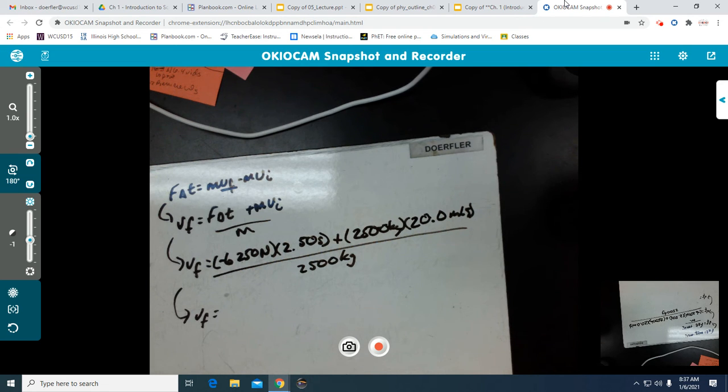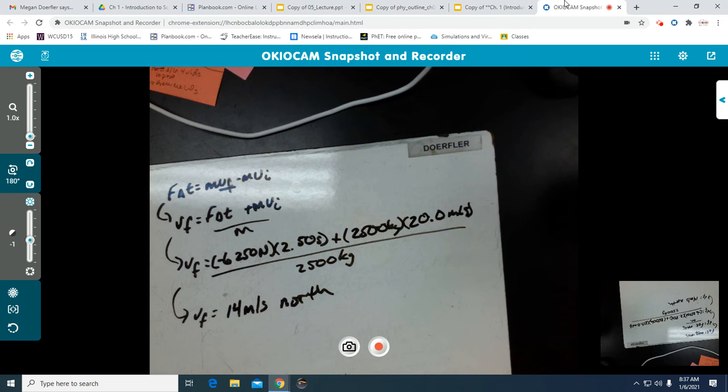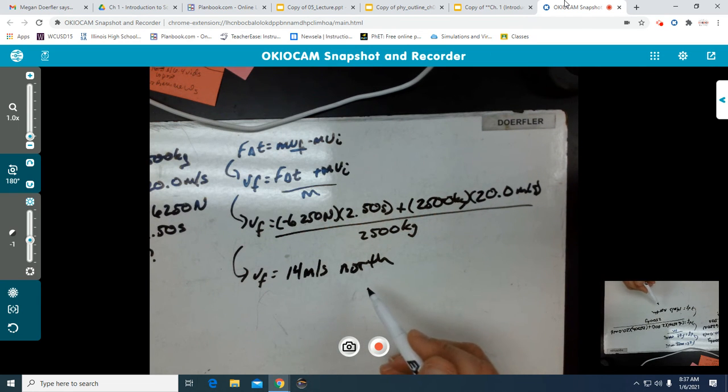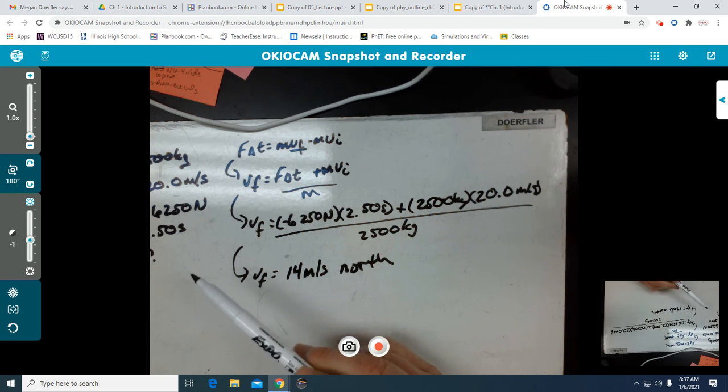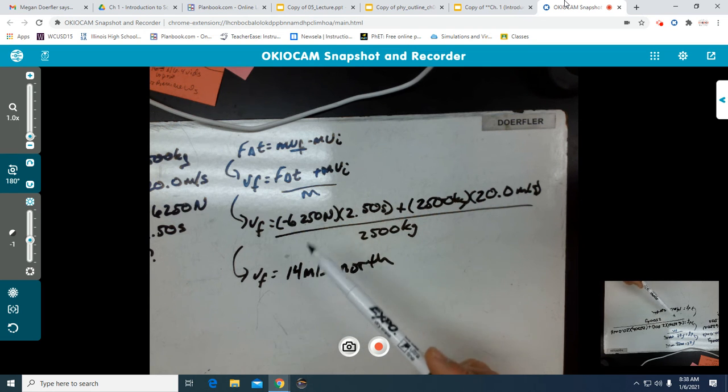You can pause it. After you've calculated this, you should get an answer of 14 meters per second. And it's a vector quantity, velocity, so don't forget to add the direction. The car was traveling north, so 14 meters per second north. Its initial velocity was 20 meters per second. After 2.5 seconds of these parameters, it will now be going 14 meters per second north.